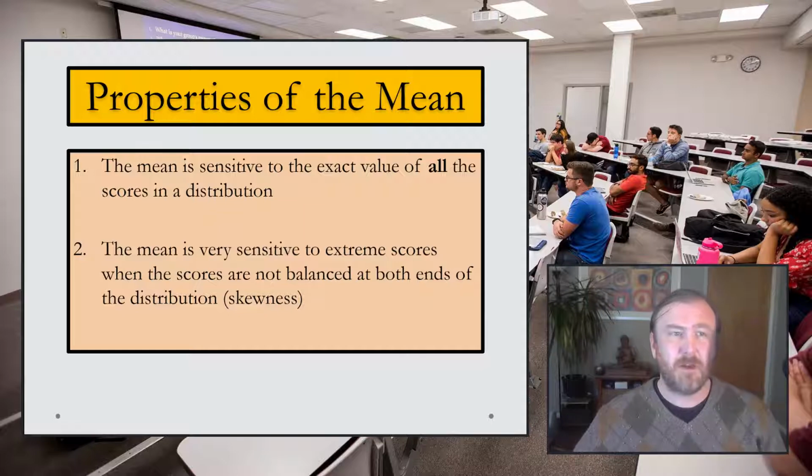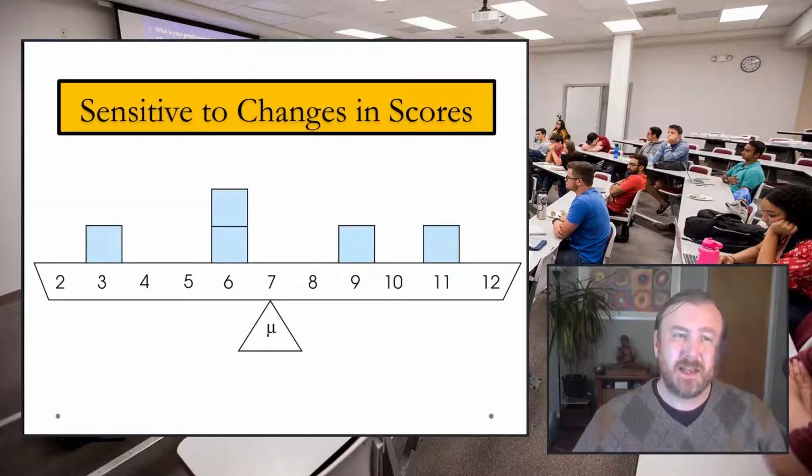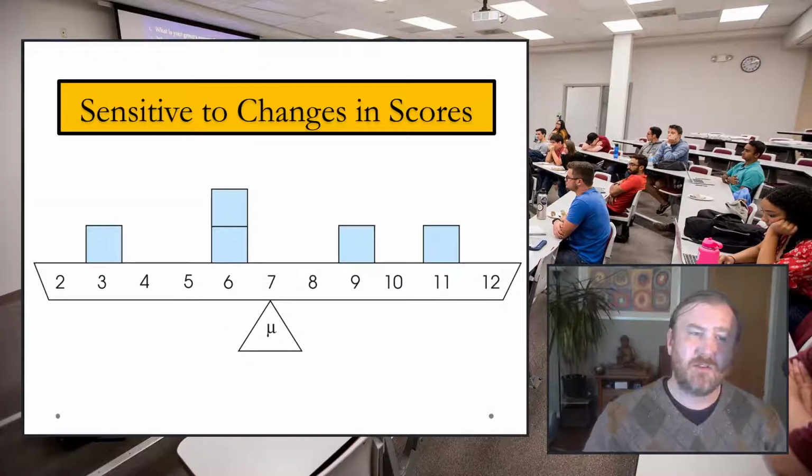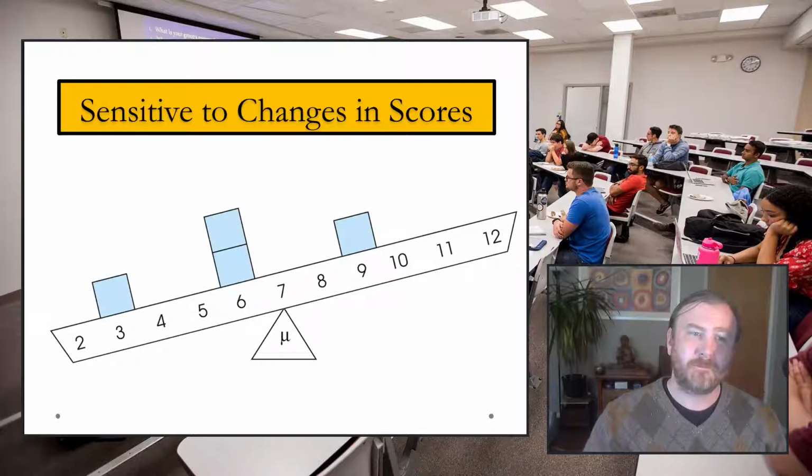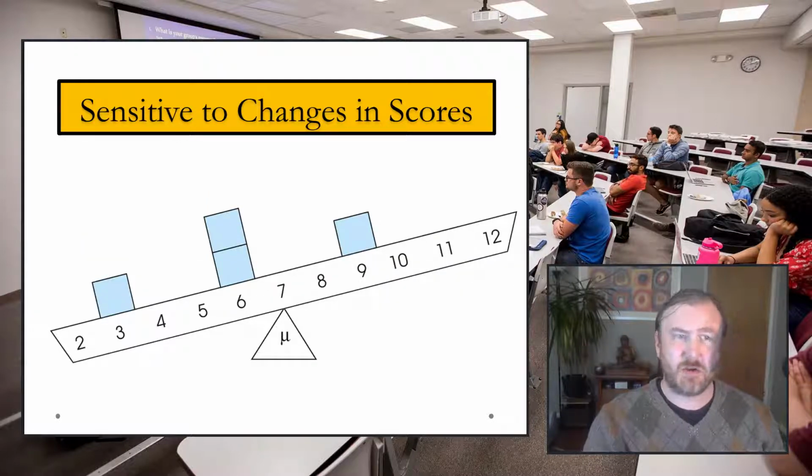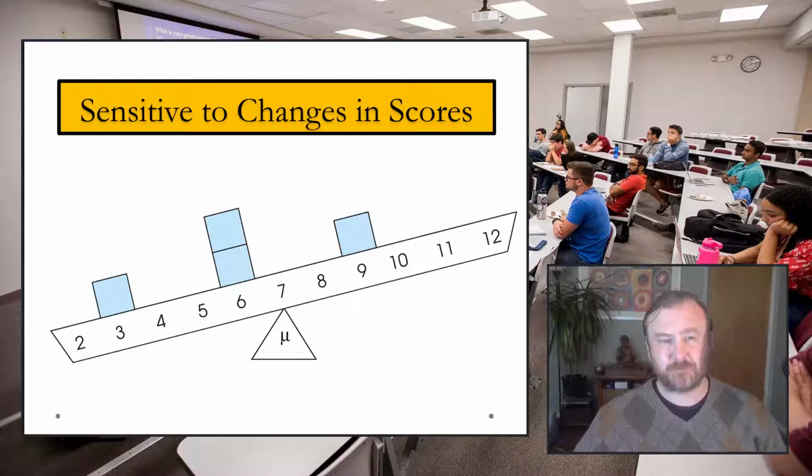So, for example, here we have that balanced distribution we were looking at before, but if we take the 11 away, it's going to be off balance. And the only way we can balance it again is to move the mean towards the shorter, left-sided end.